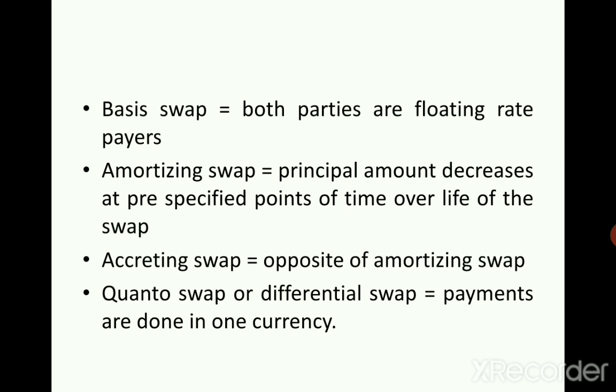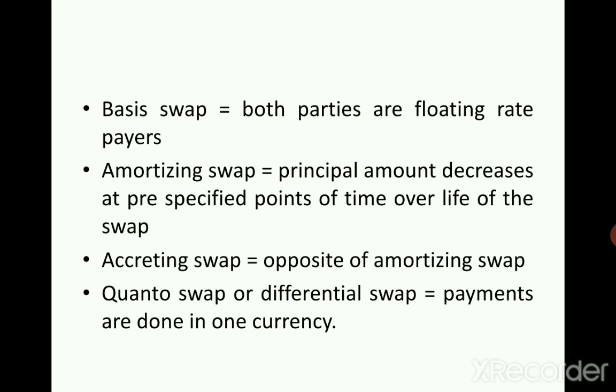Then we have the next one, quanto swap or differential swap. That means here the swap agreement is made in one currency. If the fixed interest rate loan is taken in one currency and the floating interest rate loan is taken in another currency, we call that cross currency interest rate swaps.